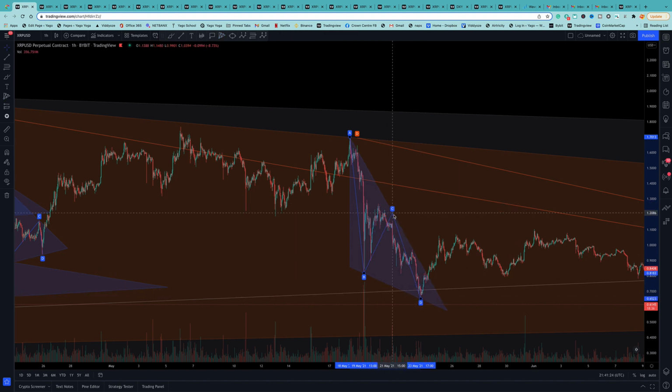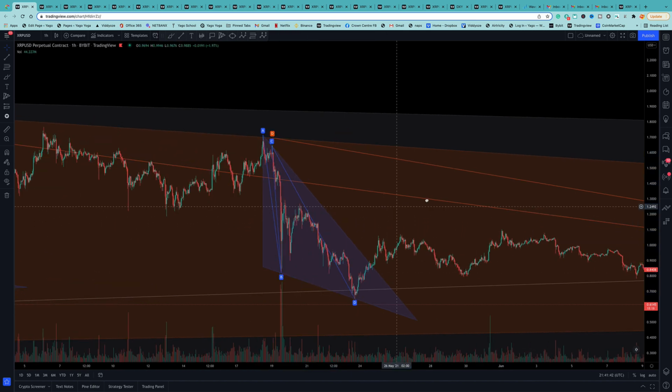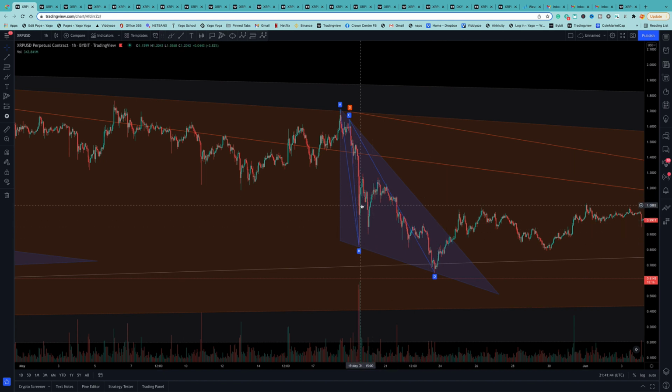Like this is a toughie to map, because look, here's the leg down, and then here's a wave. 1, correction, 2, correction, 3, correction, and then a breakout.